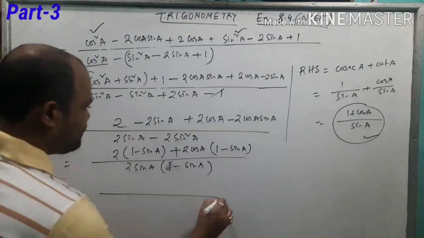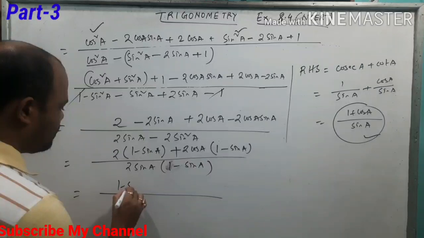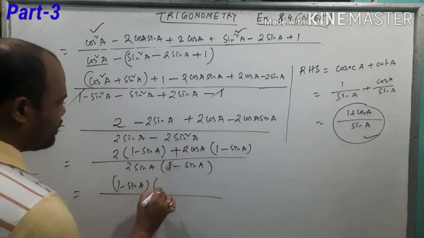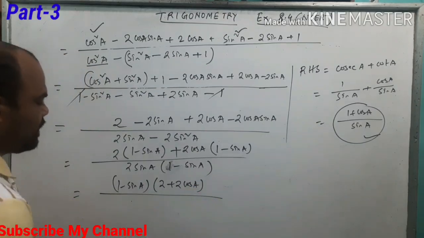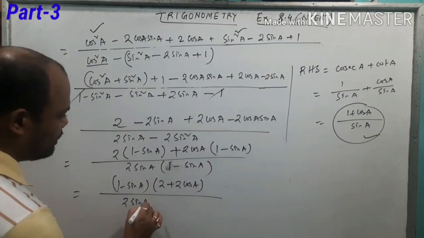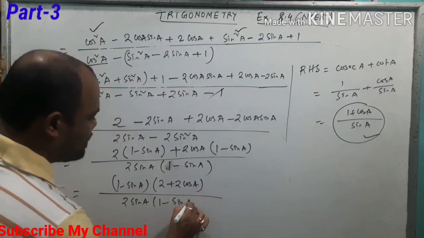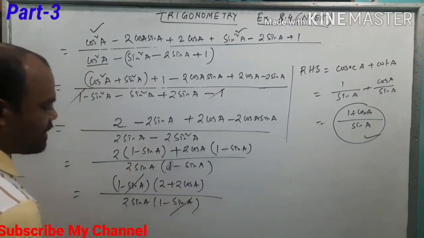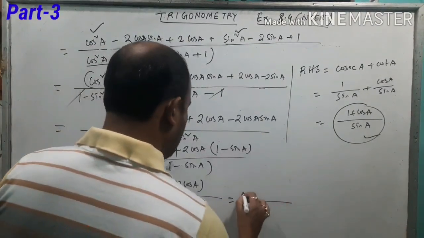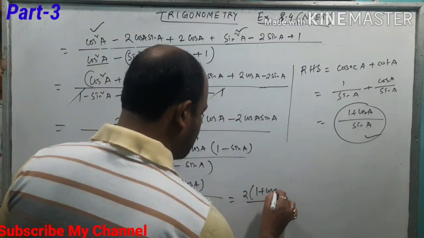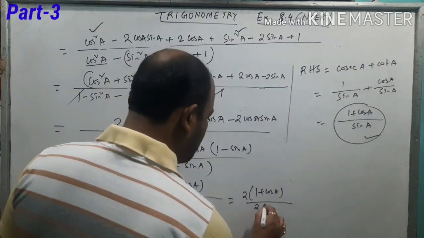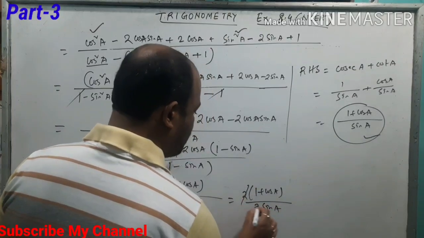Now see that here 1 minus sin a is common, 2 plus 2 cos a, this is simple factorization, over 2 sin a into 1 minus sin a, 1 minus sin a cancelled. From these two terms, 2 common, so it is 1 plus cos a by 2 sin a, 2 cancelled.